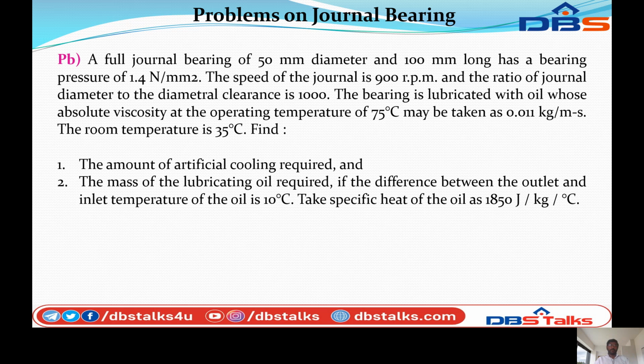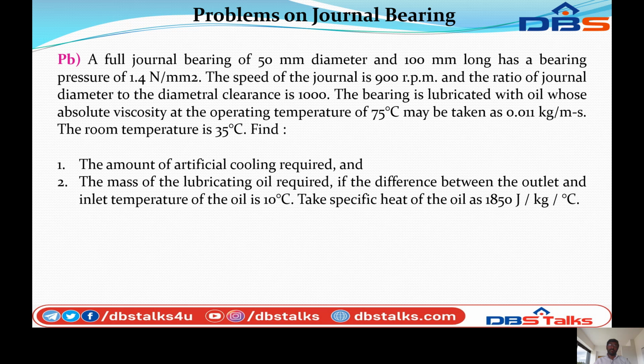So next problem: a full journal bearing of 50 mm diameter and 100 mm long has a bearing pressure of 1.4 Newton per mm square. The speed of the journal is 900 rpm and the ratio of the journal diameter to the diametral clearance is 1000. The bearing is lubricated with oil whose absolute viscosity at the operating temperature of 75 degrees centigrade may be taken as 0.011 kg per meter second.